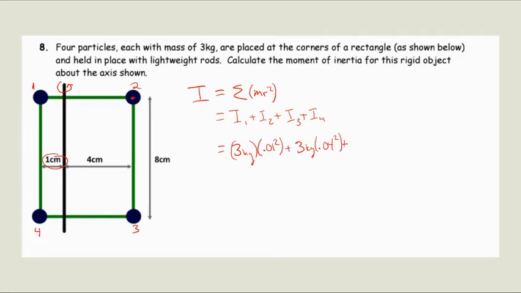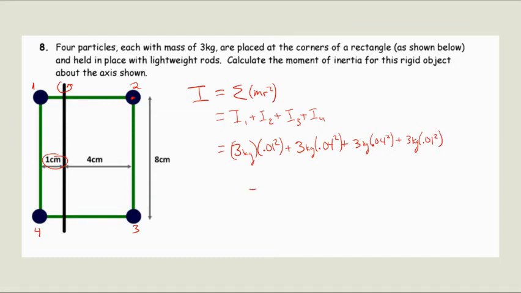Then I have number 3, which is 3 kilograms times 0.04 squared. And then finally, number 4, which is 3 kilograms times 0.01 squared.